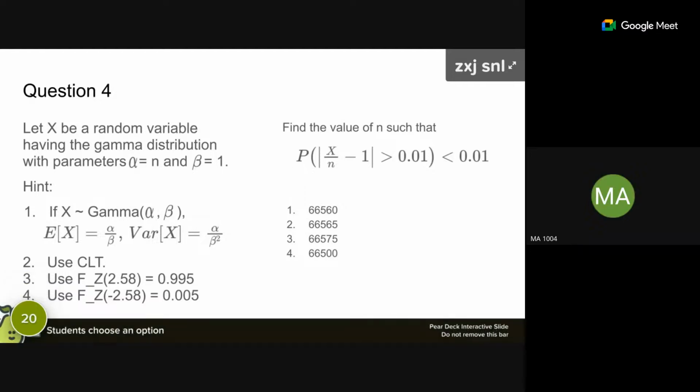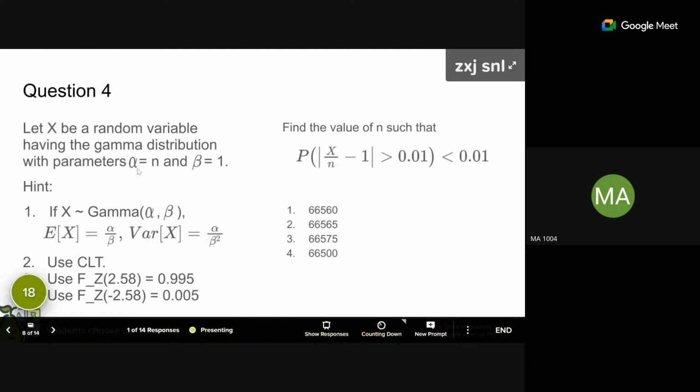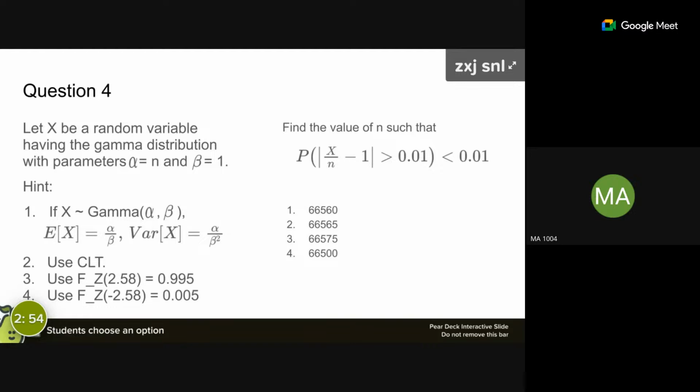As we discussed in question number 3, we are given that alpha is taking the value n and beta is taking the value 1. So we discussed there that I will take an assumption that capital X is nothing but the sum of n random variables which follow a gamma distribution with alpha equal to 1 and beta equal to 1.